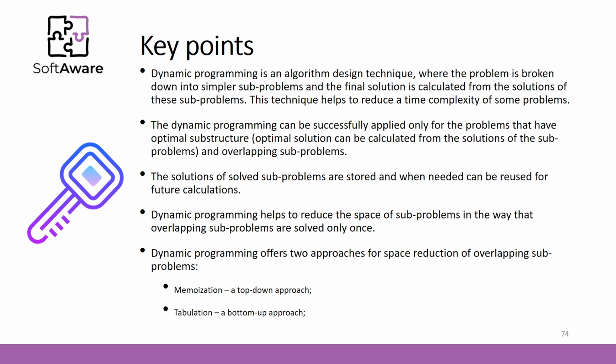Dynamic programming can be successfully applied only to problems that have optimal substructure and overlapping subproblems. The solutions of solved subproblems are stored and when needed can be reused for future calculations. Dynamic programming helps to reduce the space of subproblems in the way that overlapping subproblems are solved only once.